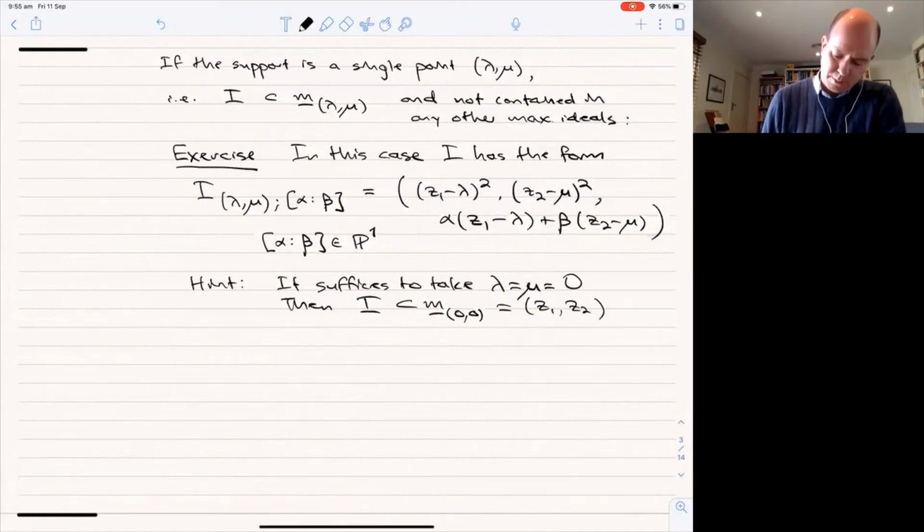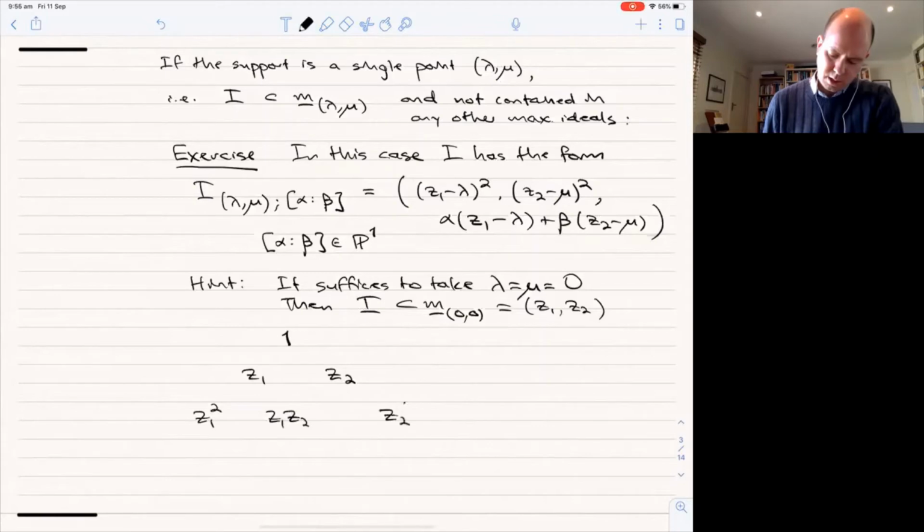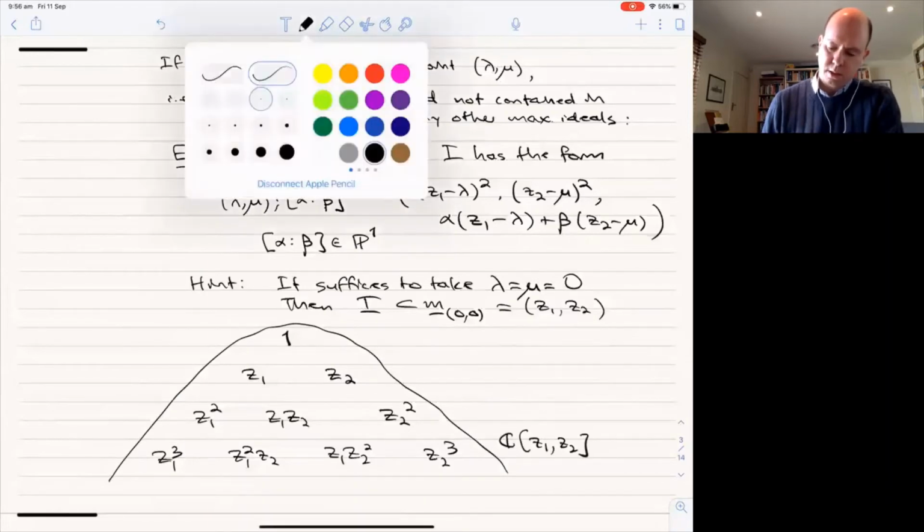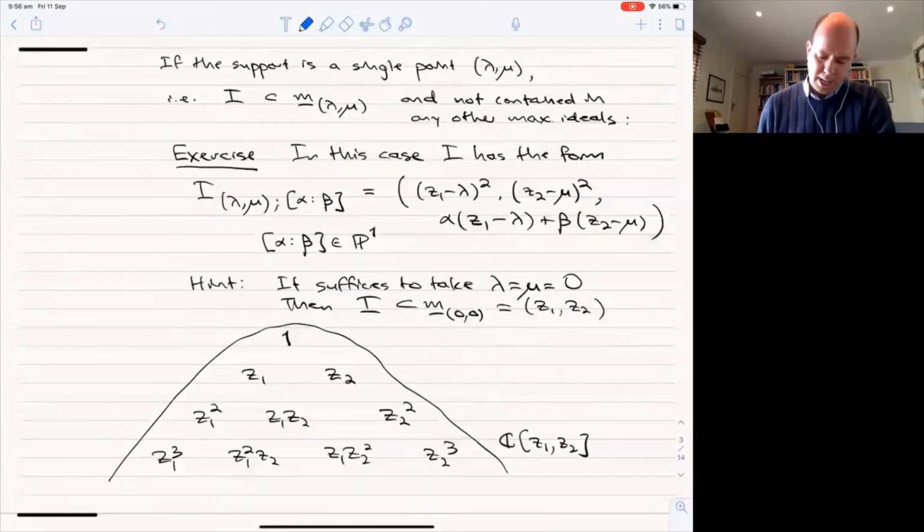And you know that it has codimension-2 in the whole thing. So if you think about the whole ring of polynomials in two variables and write down a basis, the monomial basis for it, so if you think of this as a picture of the whole polynomial ring, then inside here you have the maximal ideal corresponding to the origin, which is the span of all of those basis vectors except for one.